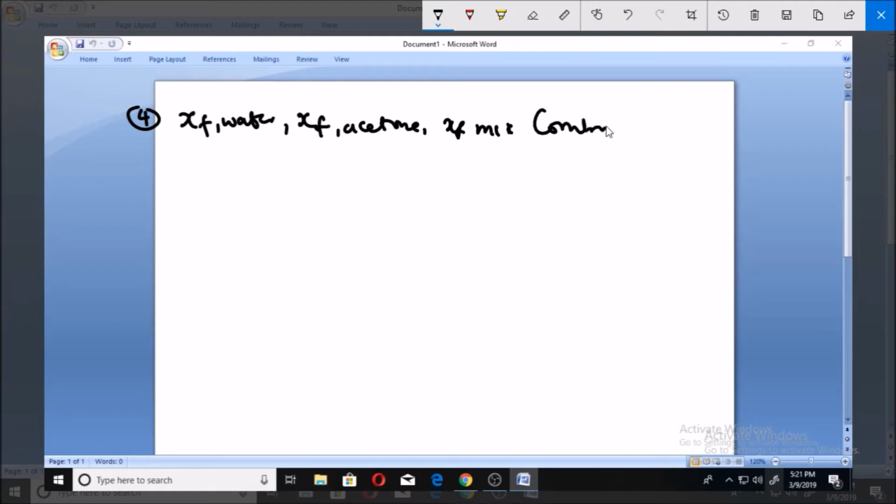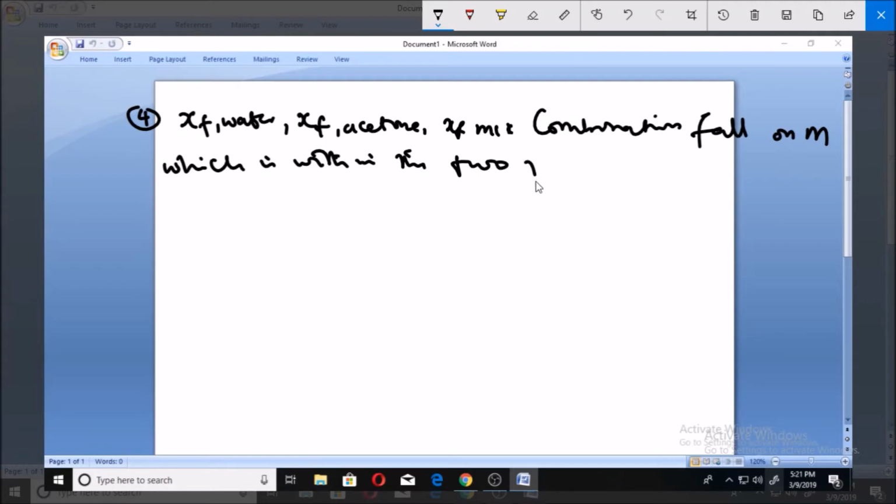This combination of all these falls on M. Very, very important in the diagram. If you draw the diagram, you find this out, which is within the two phase region. It's very, very important to notice.